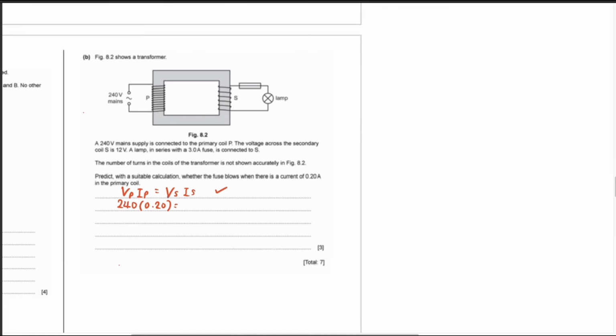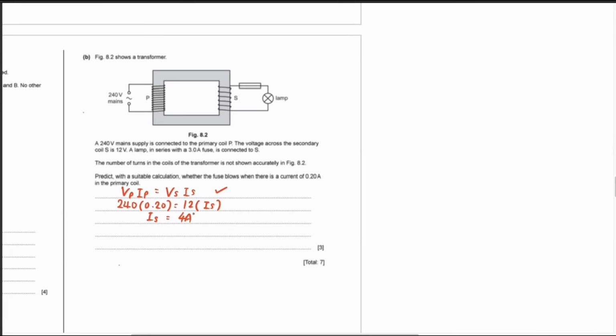Secondary voltage 12 volt. Secondary current, we need to find it. Okay, so we use the calculator. 240 times 0.2, then divide by 12. So we get 4 ampere.